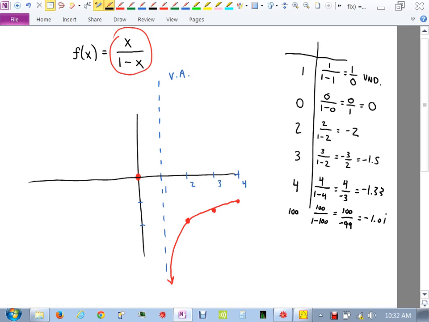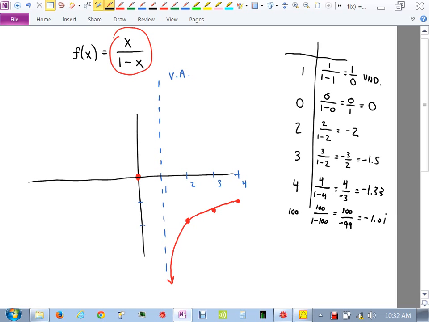Well, look at that. All the way out at 100, I'm still down at -1, right? I'm not getting closer to 0. It looks more like I'm getting closer to what? -1. And if you try going out to 1,000, you get 1,000 over 1 minus 1,000. It's 1,000 divided by 999.